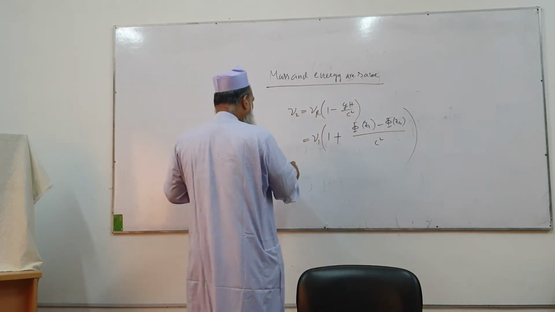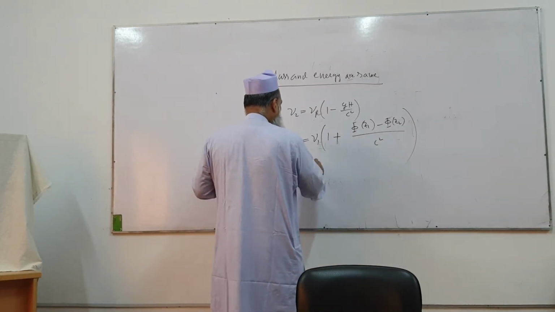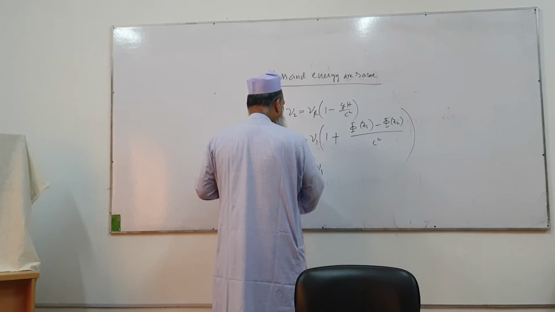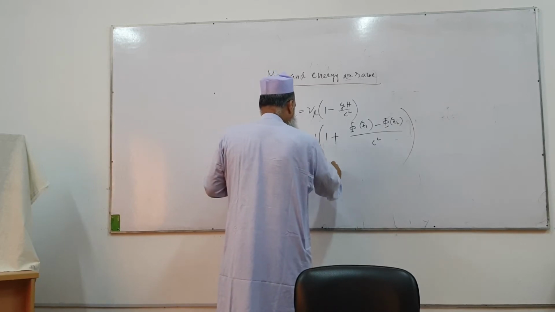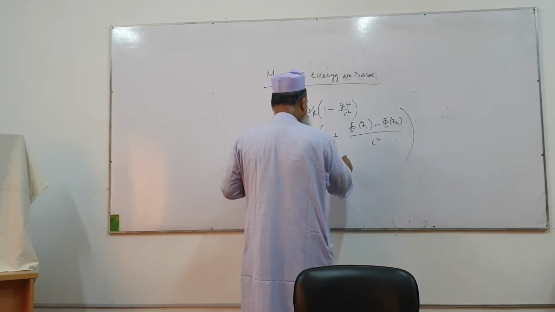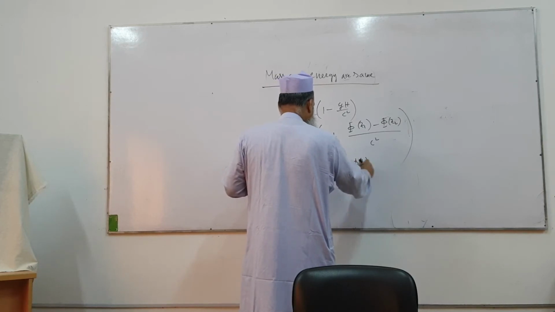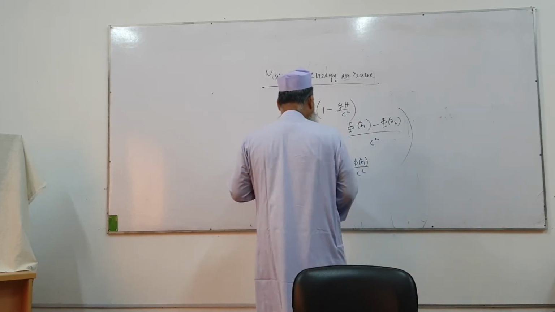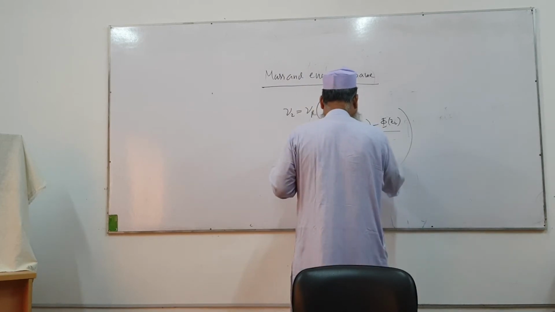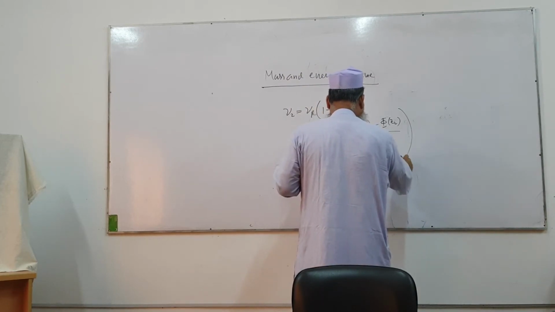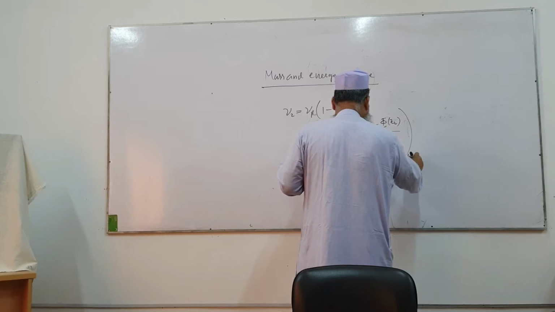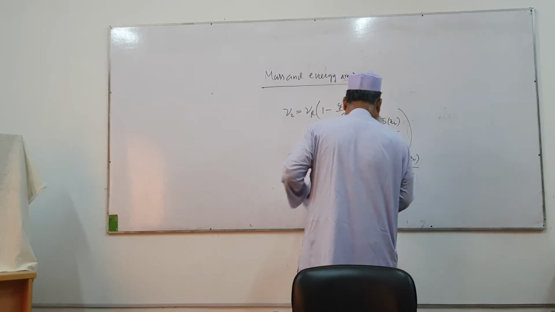Now I can write this as nu1 plus nu1 phi of z1 by c square minus nu1 phi of z2 by c square.